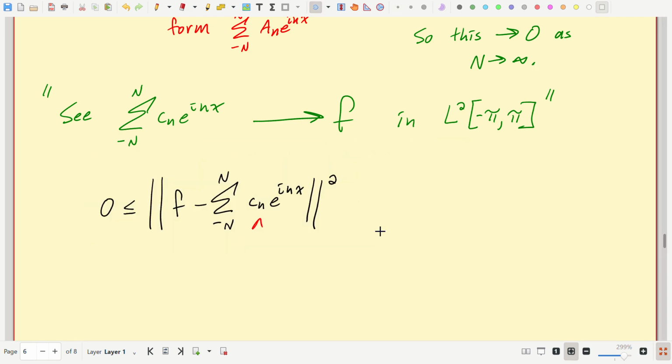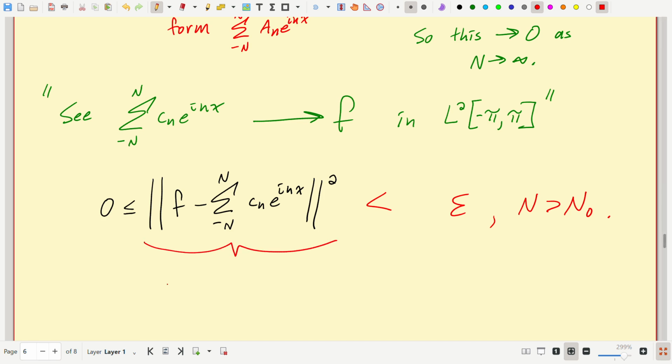Okay, this thing here, by making the Fejér things go to the function as close as I want, I can make this less than epsilon for n bigger than n naught. And when I calculated this the day I did Bessel's, this was the norm of f squared minus the sum of the c_n squared. I guess there's a 2 pi here because I didn't normalize them.